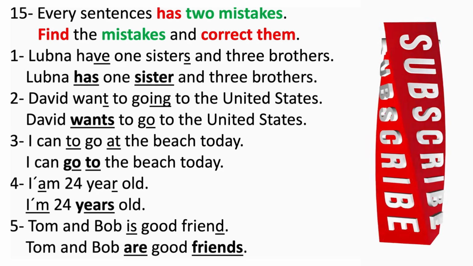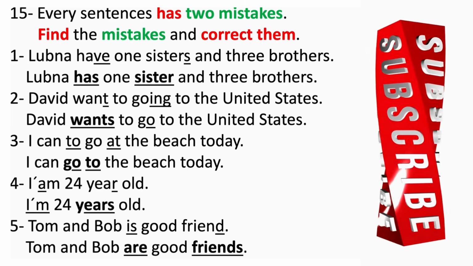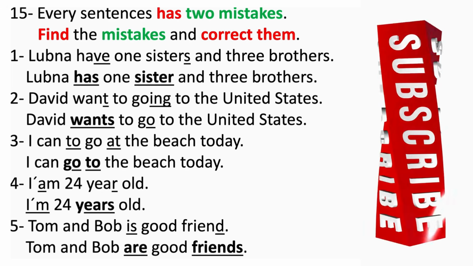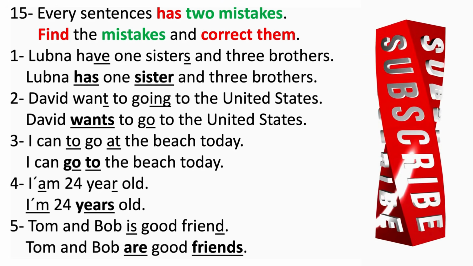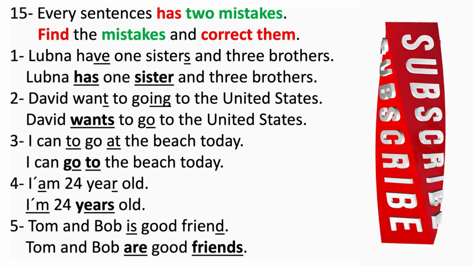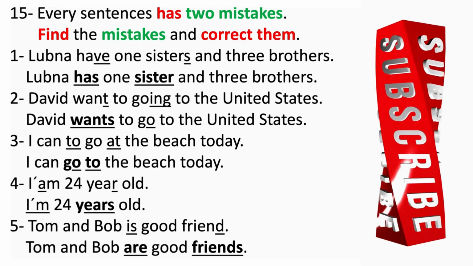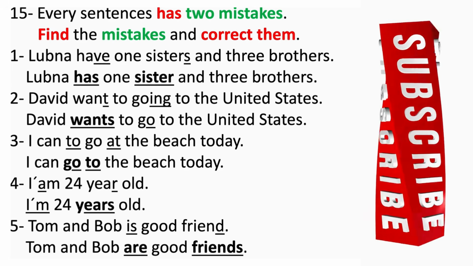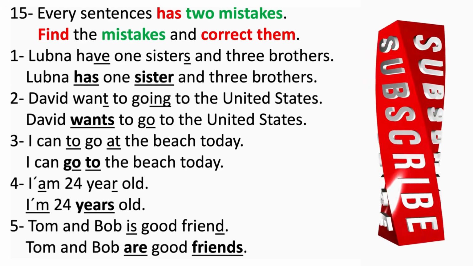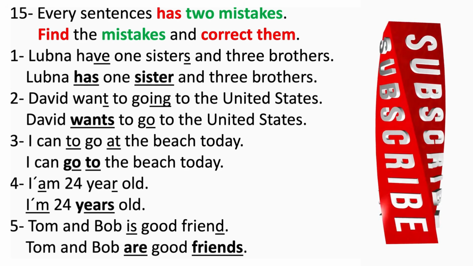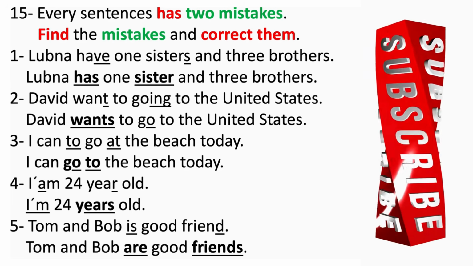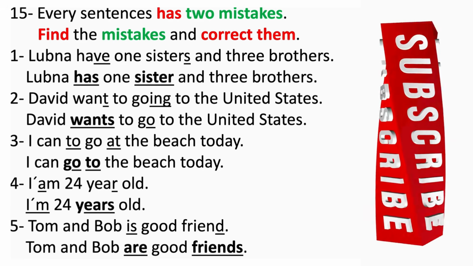Sorry. Number 3, I can to go at the beach today. So I can go, not to go, I can go, because after can, the verb comes without to, infinitive without to. And we don't say at the beach, we say to the beach, go to the beach. So I can go to the beach today. Number 4, I am 24 years old.